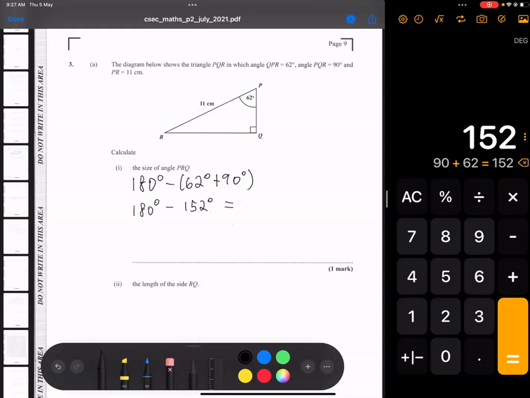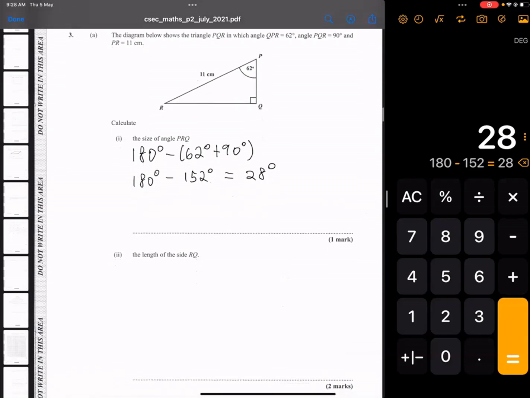And then you take that away from 180. 180 take away 152 gives us a remainder of 28, and that is our missing angle. So R is 28 degrees. Let's move on to part 2.